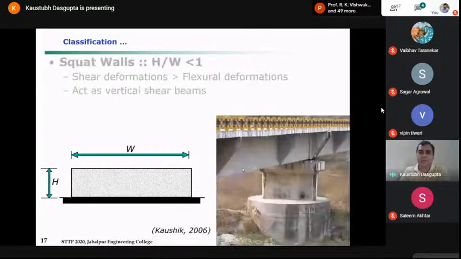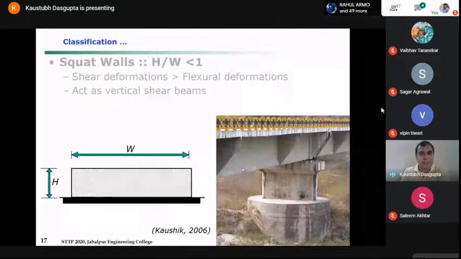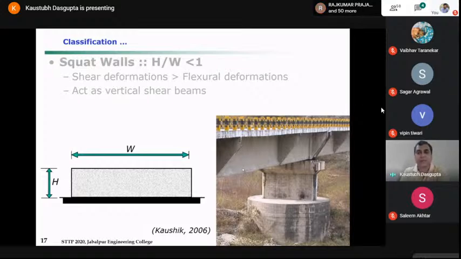Most of the time, we see bridge piers around the low height of the rivers or in urban areas, flyovers. Most of them are squat in nature. So this was one figure, the wall type of bridge pier with squat configuration.